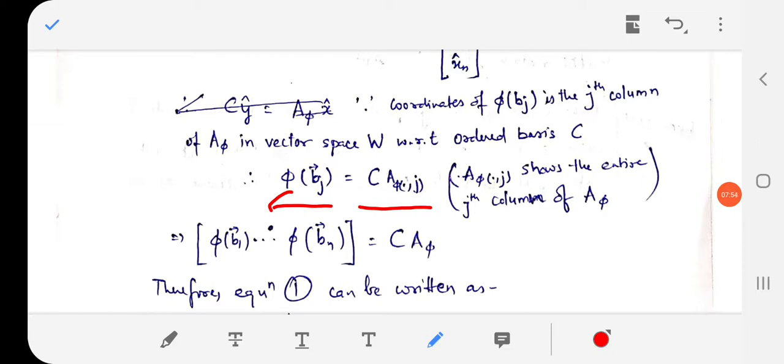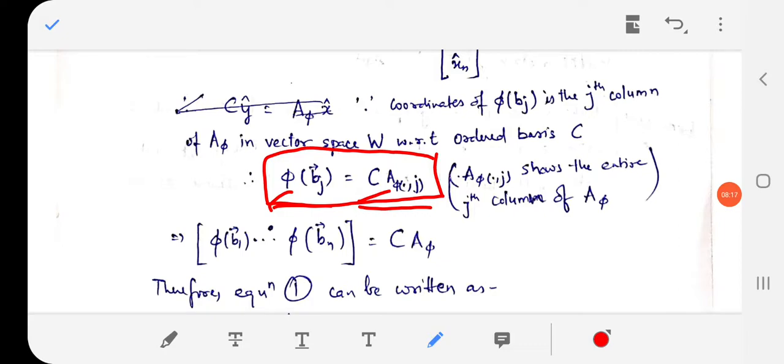Since it is mapped to vector space W, this particular vector must have some coordinates with respect to the basis C, and whenever you have this, you can write it as a matrix multiplication. So you finally can write it like this, right?